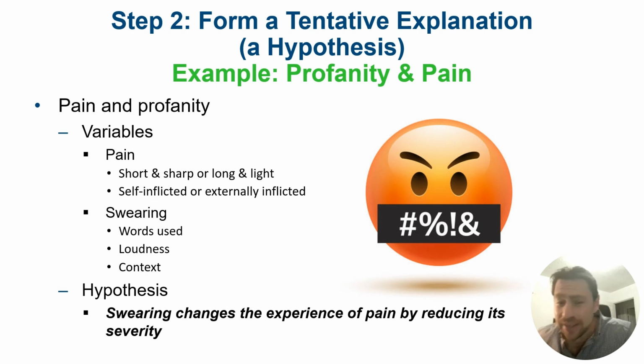And then there's swearing. You can talk about the words that are used, how loudly you say the words, how often you say the words, the context in which you say the words. These are all different variables related to your observations of pain and profanity.